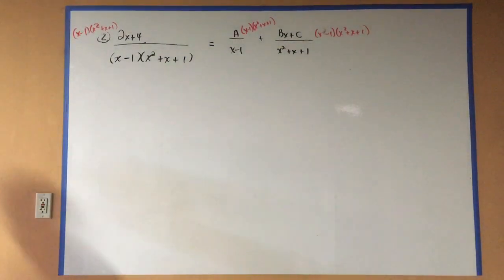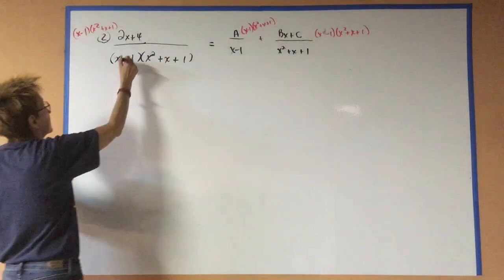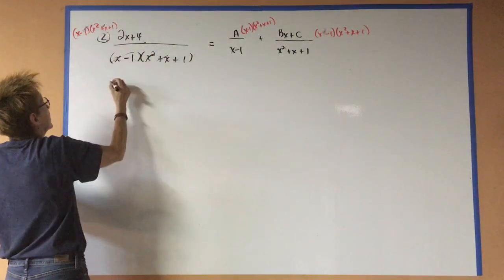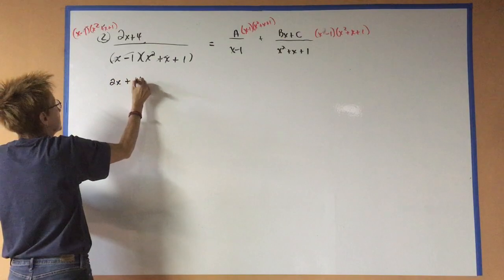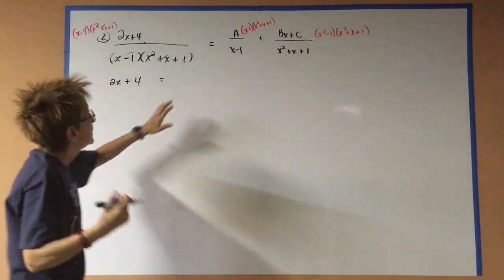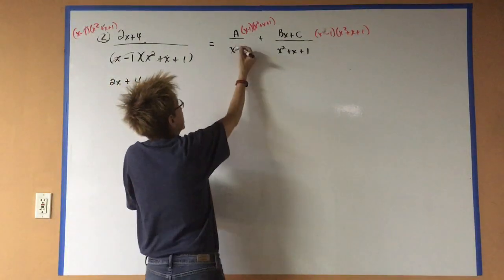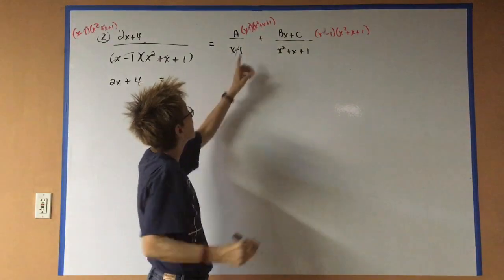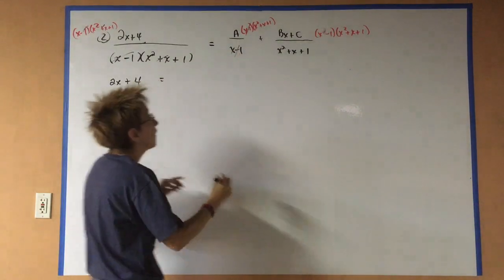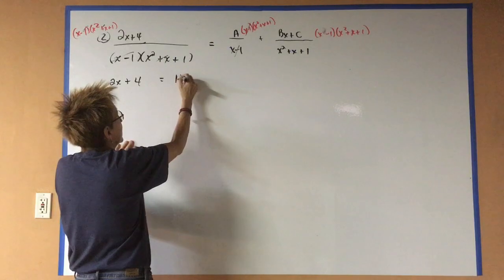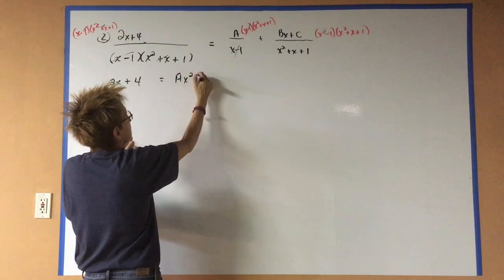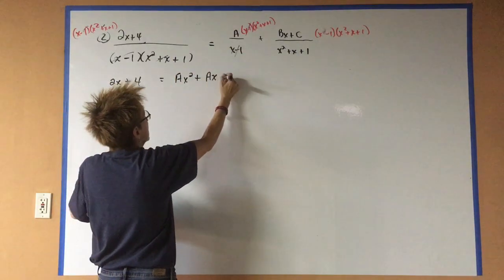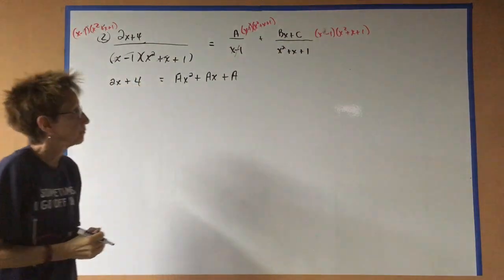So when I do that, the left side, this all cancels, and I get 2x plus 4 equals. Over here, the x minus 1 cancels, so what's left is I have to multiply the a with all of that. So I get ax squared plus ax plus a.